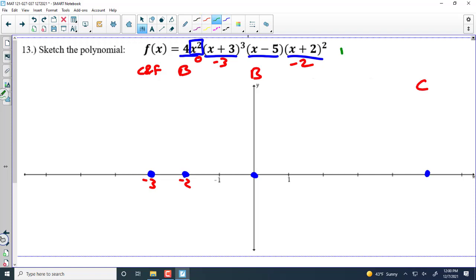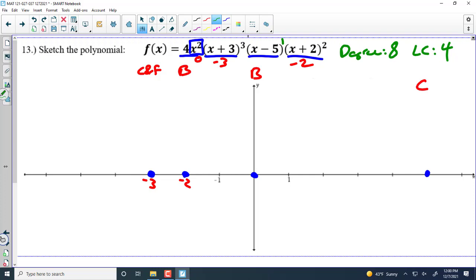The degree, making sure you add up all the powers, including any invisible 1 power, is what? What's the degree of this sucker? 8. Yes. 2 plus 3 plus 1 plus 2 is 8. And the leading coefficient is just the 4, not the 4x squared, but just the 4.